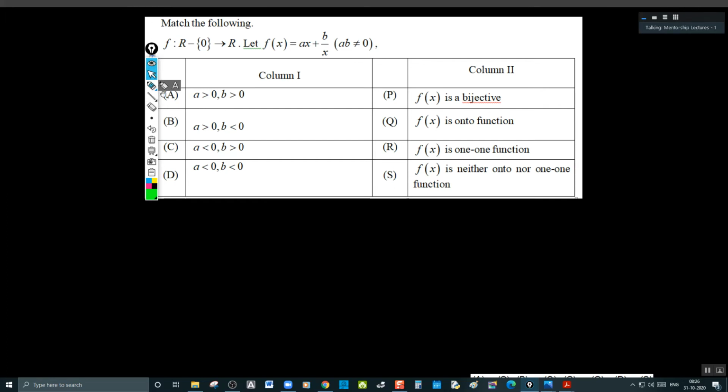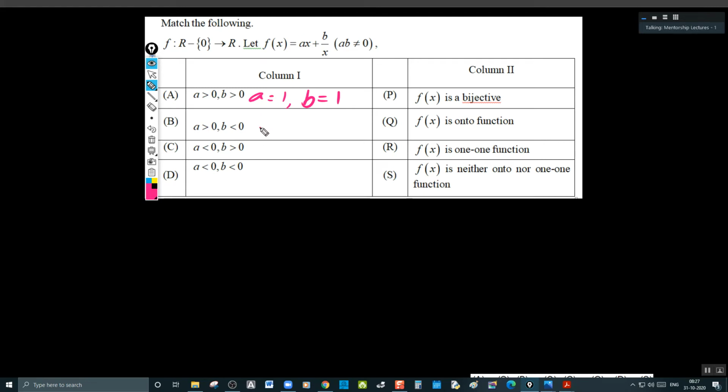What I am trying to explain here is, if both A and B are positive, you can give A is equal to 1, B is equal to 1, you can verify. I'm suggesting you give some values to this instead of taking them as A and B.